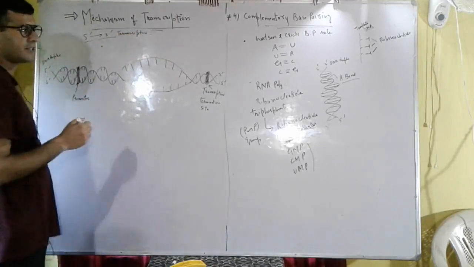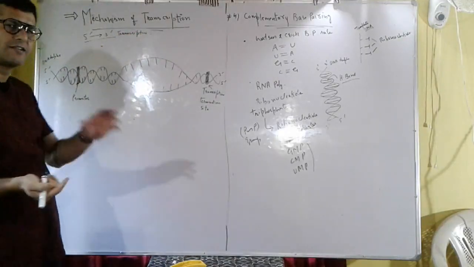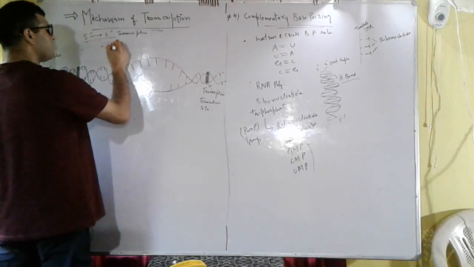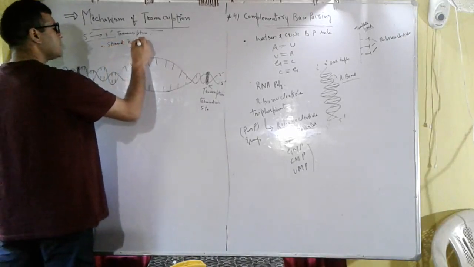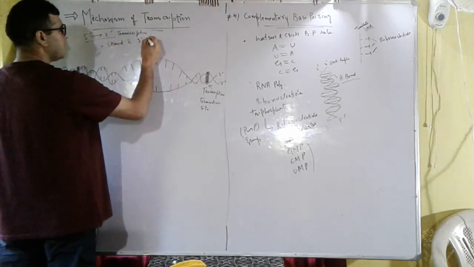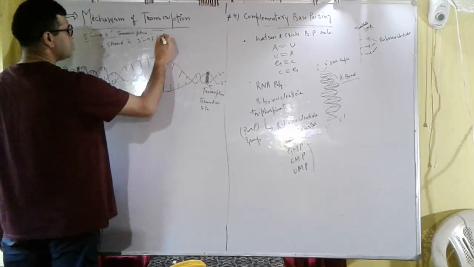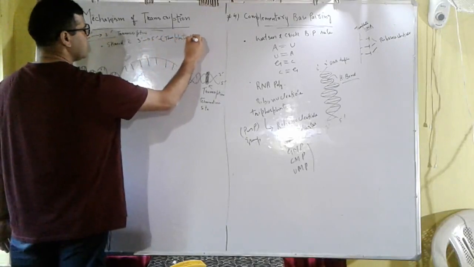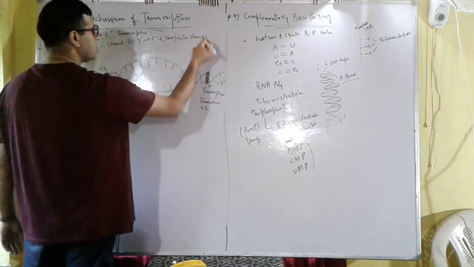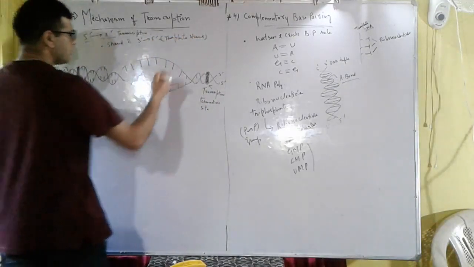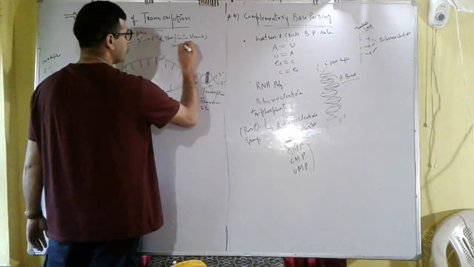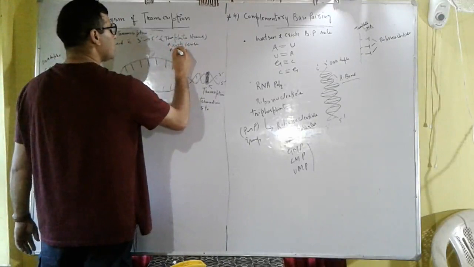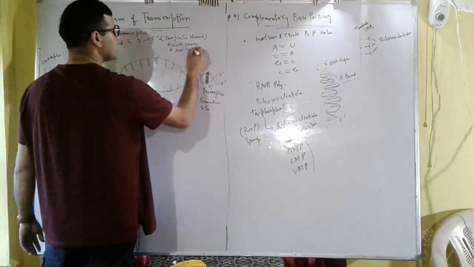The strand which has polarity 3' to 5' will be the template strand. This template strand is also called the antisense strand or non-coding strand, as we have already discussed.